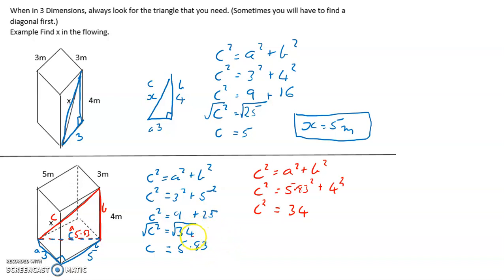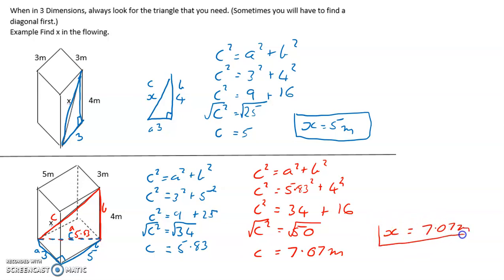And 4 squared is 16, so C squared equals 50. To find C, do the square root of both sides, and we have C equal to, I'll do the square root of 50 on the calculator. We have 7.07 meters. Now, the question had X, so the answer should be X equals 7.07 meters.